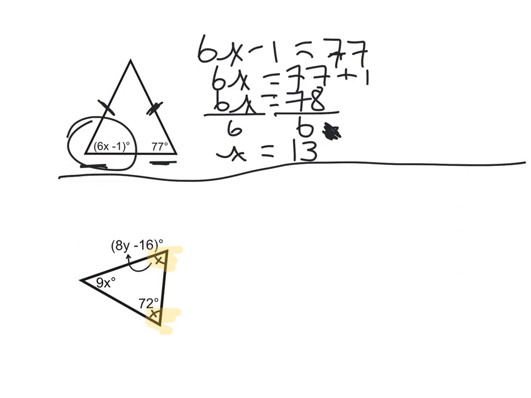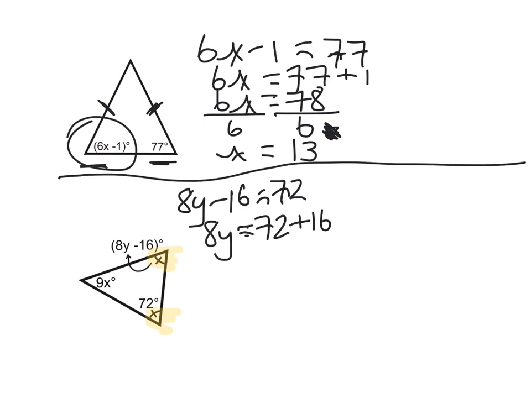So 8y minus 16 is equal to 72. 8y is 72 plus 16. 8y is 88.